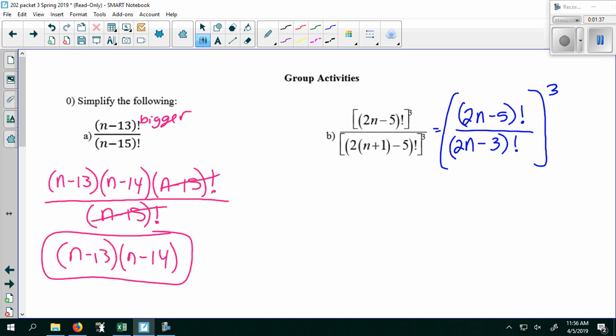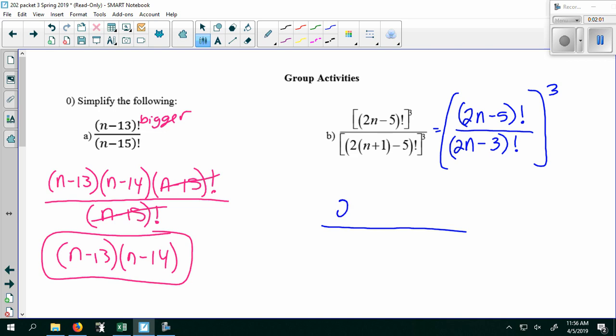All right, so now I'm just going to work on the inside piece of this, ignoring the cubing for now. I have to decide which is larger, 2n and subtract 3, or 2n then subtract 5. So subtracting 3 should give me the larger factorial.